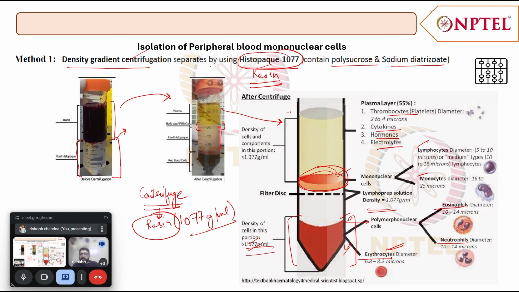And the plasma and the PBMCs have a density smaller than Histopaque, so they are collected above this.